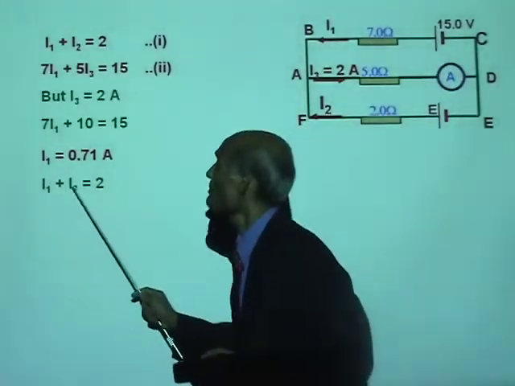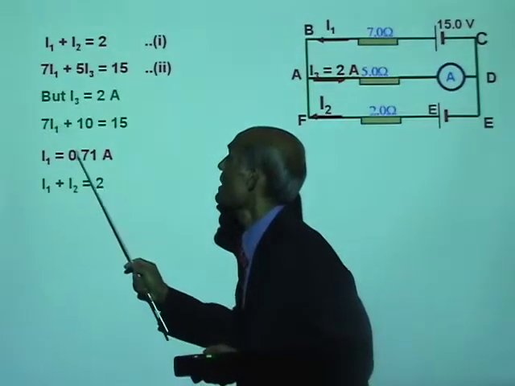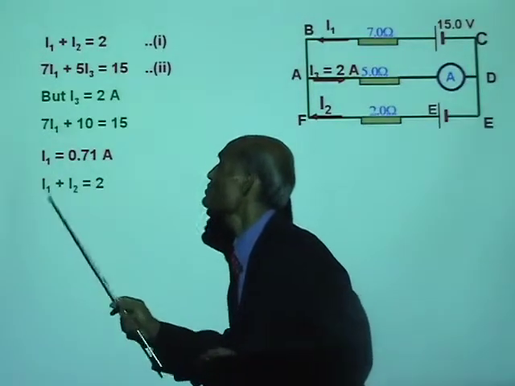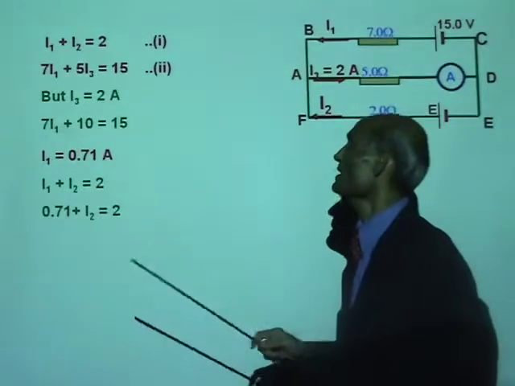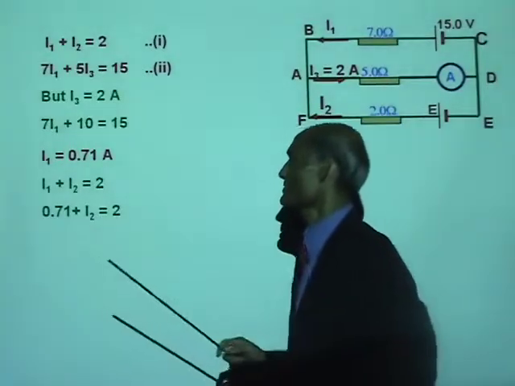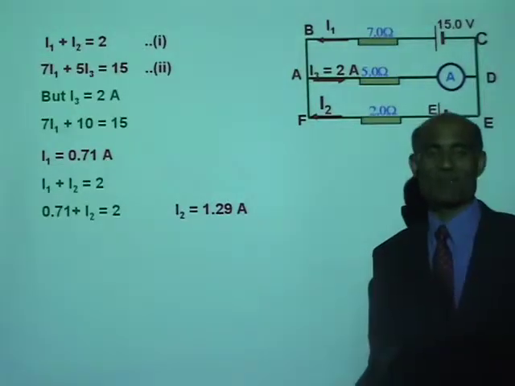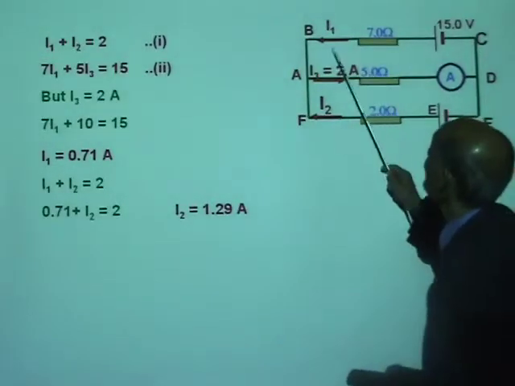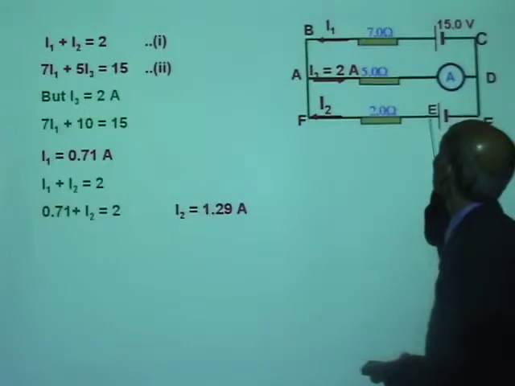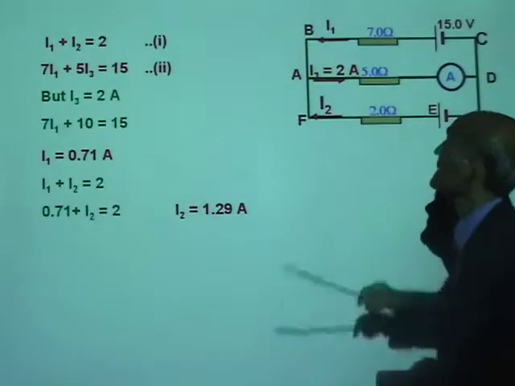So if I1 plus I2 equal to 2 and I1 equal to 0.71 ampere, what is I2 equal to? I2 is 1.29 ampere. So now you know all the three currents, we need to find the EMF E.